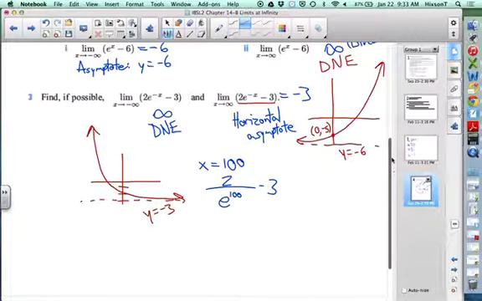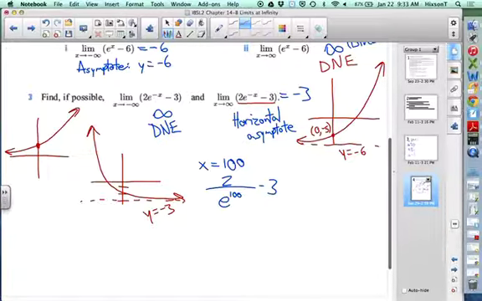Alright? Now, for our quiz, I am going to let you use your calculators tomorrow, but actually, if you think about it, you guys know this is just a variation of e to the x, which is one of our parent functions. So it has an asymptote at y equals 0, it goes through the point 0, 1, it looks like that.